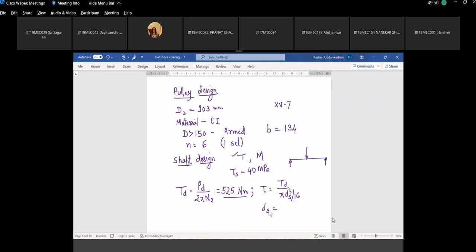Bharti, give me shaft diameter. Tau is 40 MPa. Okay.